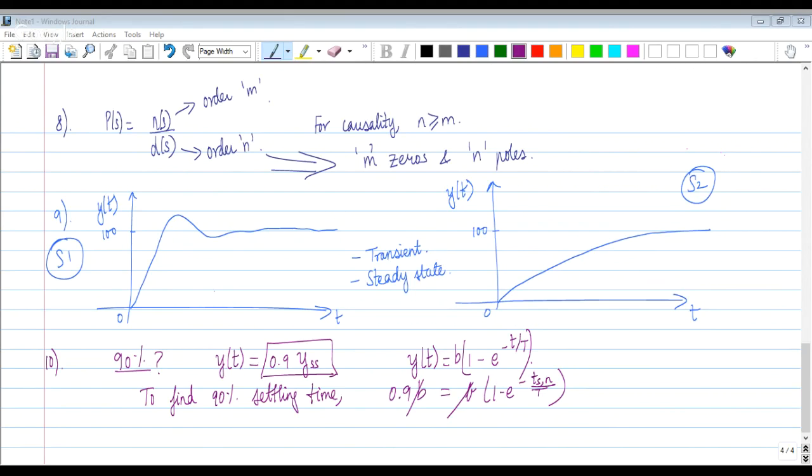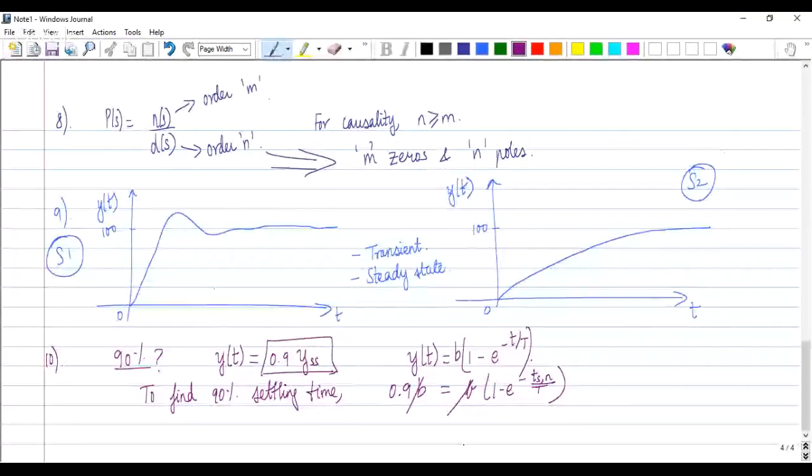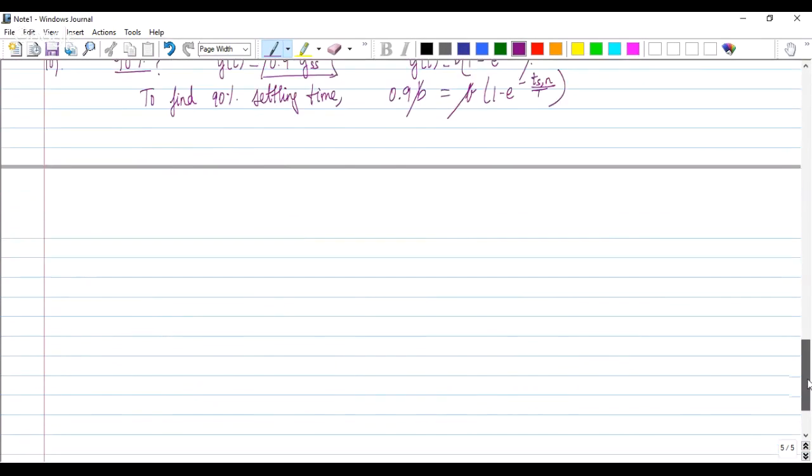So Satyam asks, is there any practical application of unit ramp response of first order system? See, ramps are essentially used to construct input signals, because in real life, it may be very difficult to construct a perfect step.